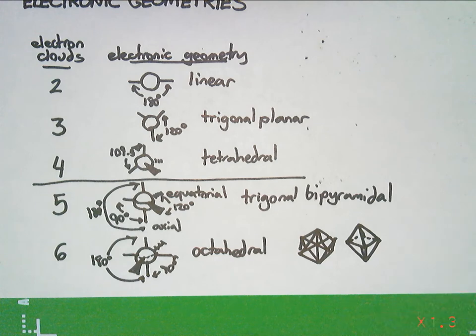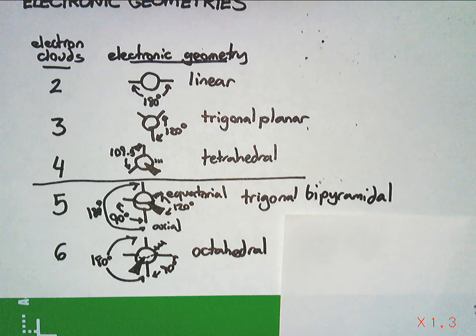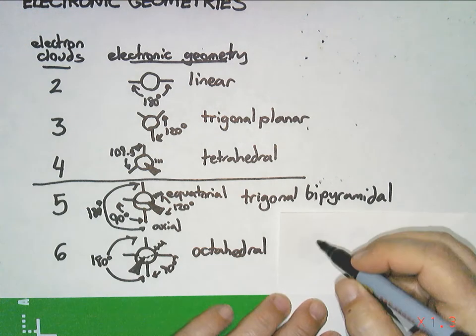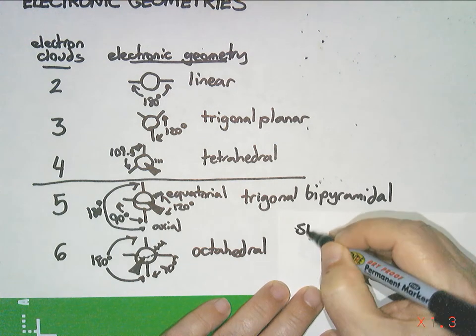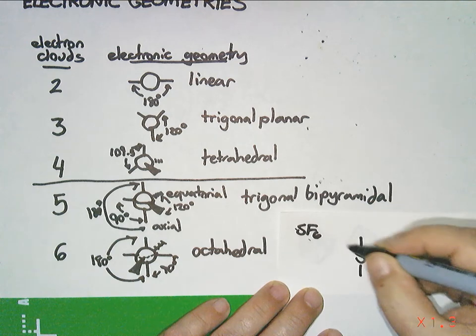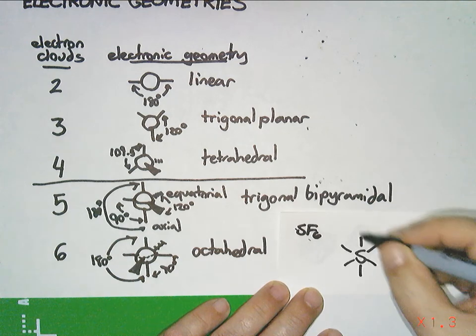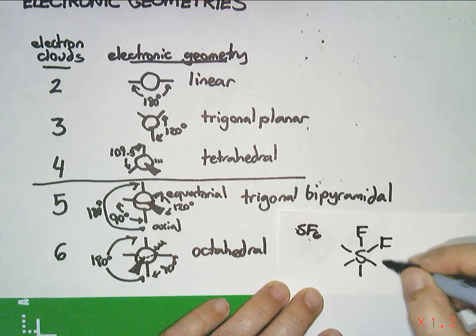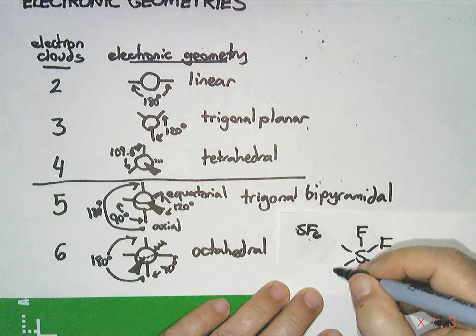Here's an example of an octahedral molecule, SF6. If I do the Lewis structure for this, I'm going to just do it really quick without going through the step-by-step procedure.